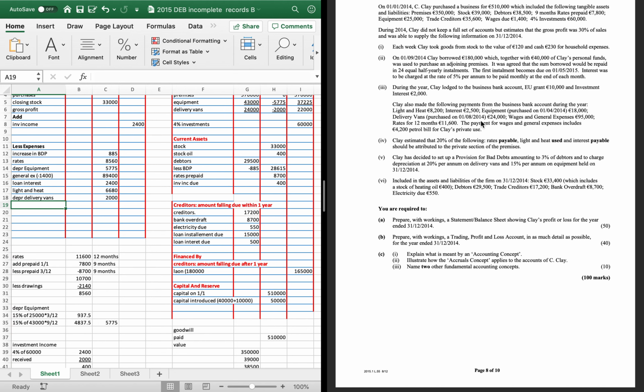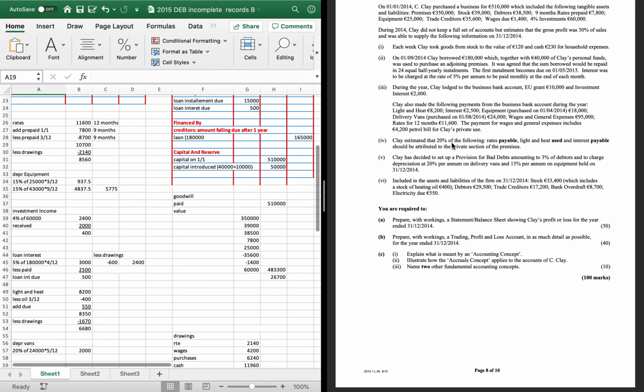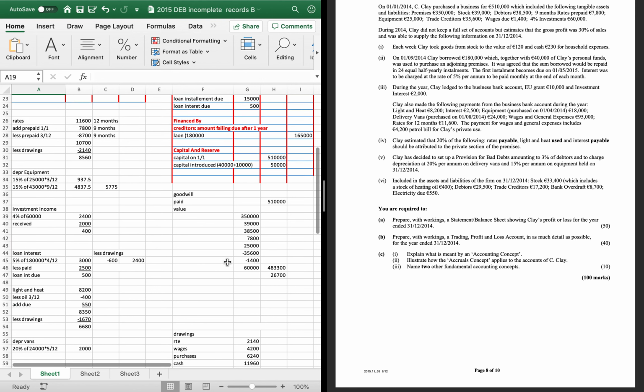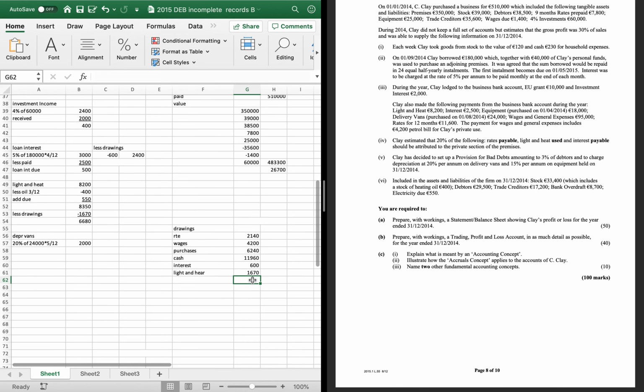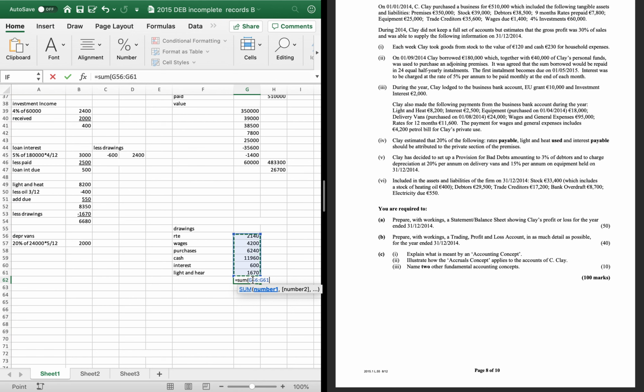So that's done. Wages we've done, rates we've done, and we've done this 4,200 in our drawings. So we've done our drawings, we've done our bad debt provision and depreciation, and we've got everything in. So it's just a matter now of totaling up the few extra little things that we have to put in, like our drawings, and getting them in.